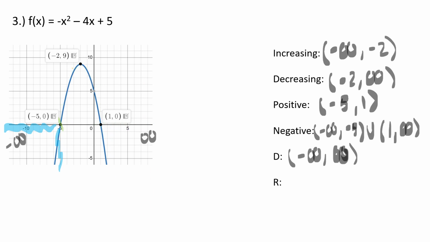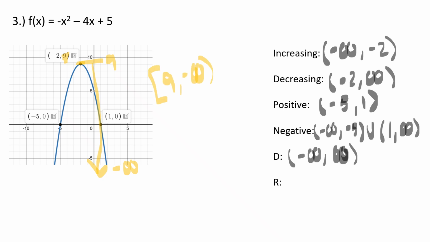And last one is the range. So range, we are looking at the y's. So this one maxes out at y is equal to 9, and it goes less than, which means it is plummeting down to -infinity. You might be tempted to do this, okay?